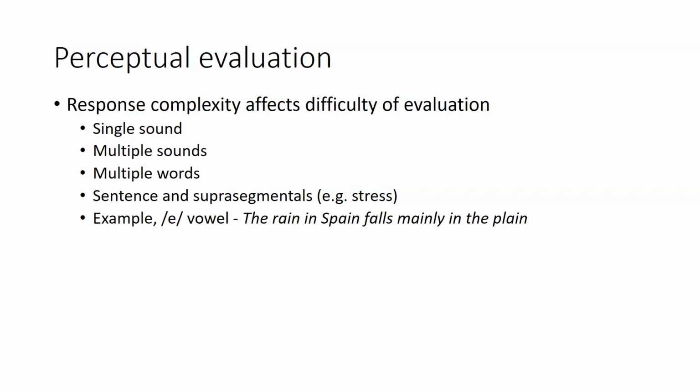If you put that sound in a word, well, then there's other potentially distracting sounds around that might make evaluating that sound more difficult. If you put it in a string of multiple words, well, then there's even more to keep track of. If you put that in a sentence and worry about bigger than a single sound units, like the presence of stress or focus in the sentence, that can make your evaluation more complex.